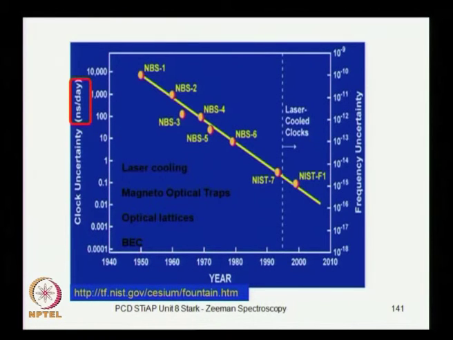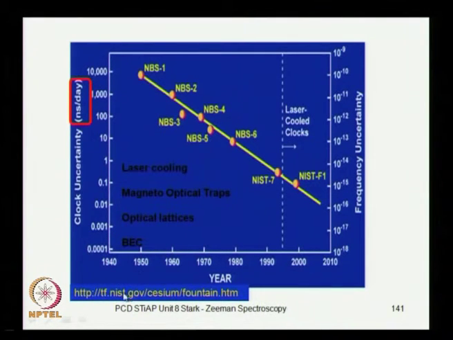And this has an important consequence, as I mentioned at the very beginning, on the accuracy with which time is measured, because that was and remains, as Phillips tells us in his article, a major motivation for cooling atoms. If you look at the clock uncertainty, in this picture from this website, it is listed in units of nanoseconds per day.